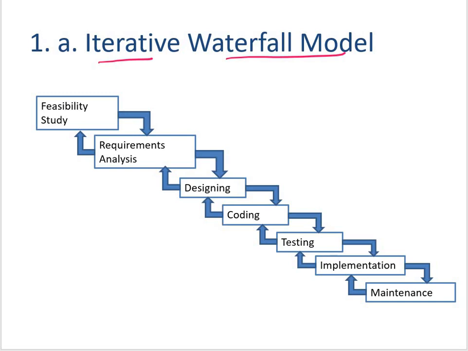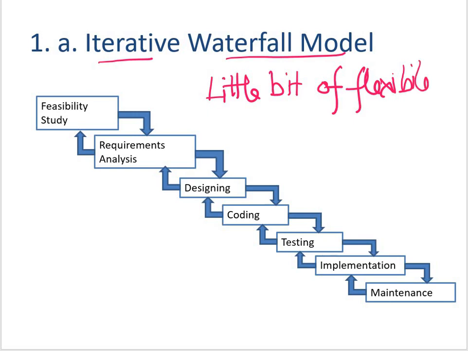This iterative waterfall model gives you a little bit of flexibility, in terms of moving from one phase to the immediate previous phase. I started from feasibility study, I moved to requirement analysis. I observed that there are some changes, I need to relook at the feasibility study, so I moved back to the previous stage. And once again I've come back.